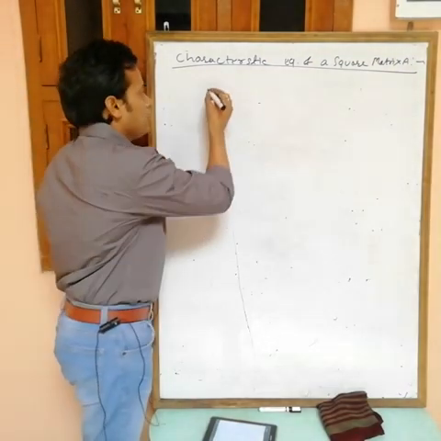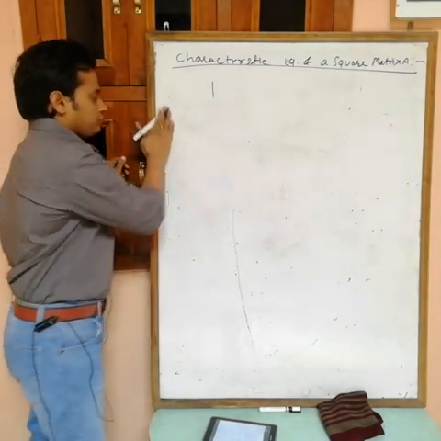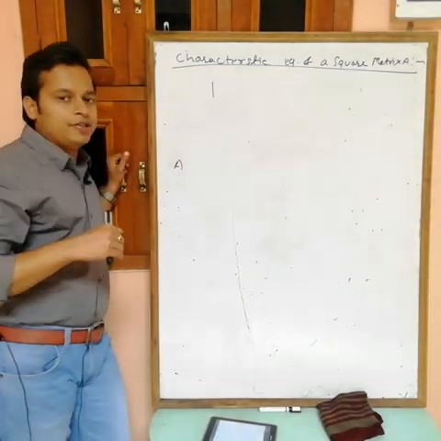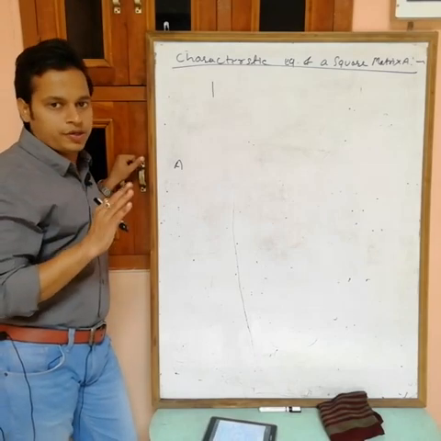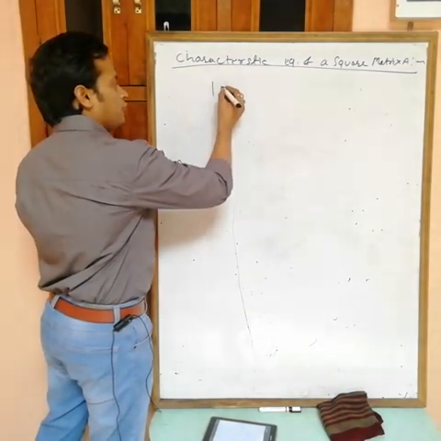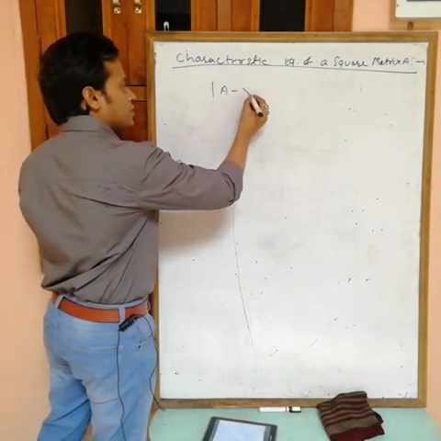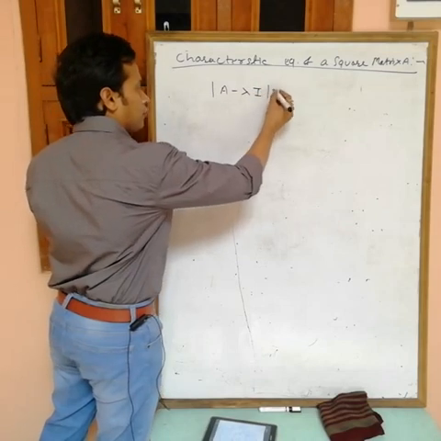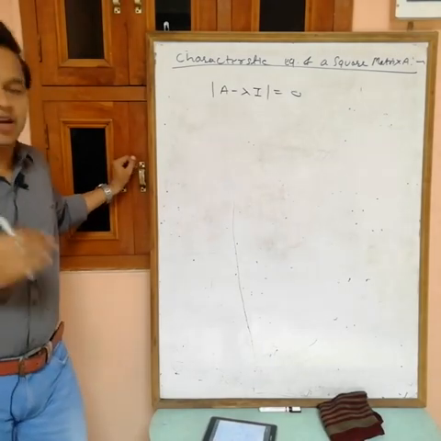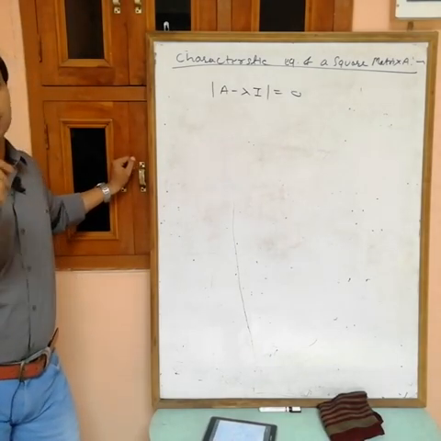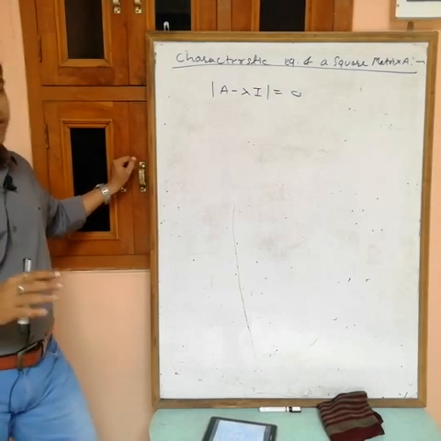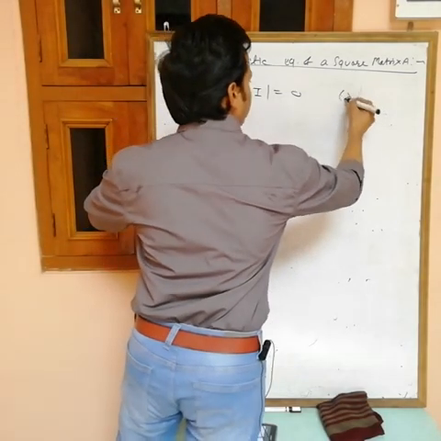Suppose you have any matrix A and you want to write the characteristic equation of this matrix. Then simply do one thing: find the value of determinant of A minus lambda I equals 0. Find the value of determinant of A minus lambda I, then you will get an equation in terms of lambda. That is known as the characteristic equation of this matrix A. Here lambda is a scalar quantity.